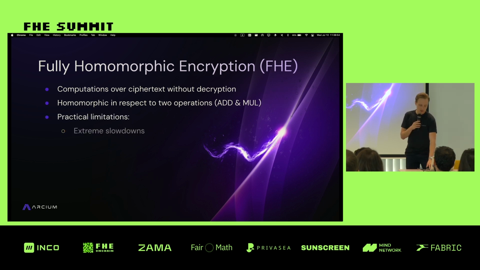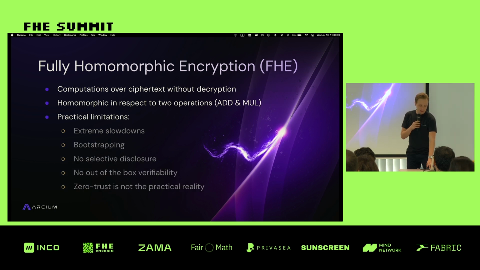The practical limitations, however, are extreme slowdowns, and they are very severe. So as I said at the beginning, what matters for these kinds of technologies is actual adoption. And when working with slowdowns for more complex operations, even many orders of magnitude above plain text execution, we need to find a way to be able to speed those things up.